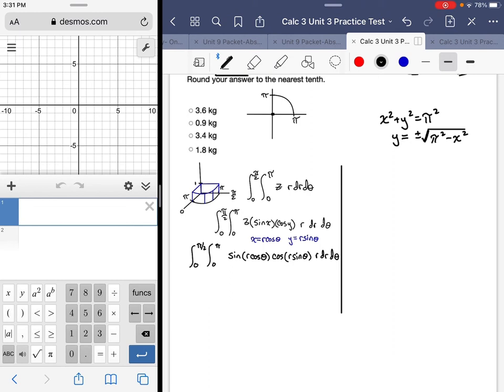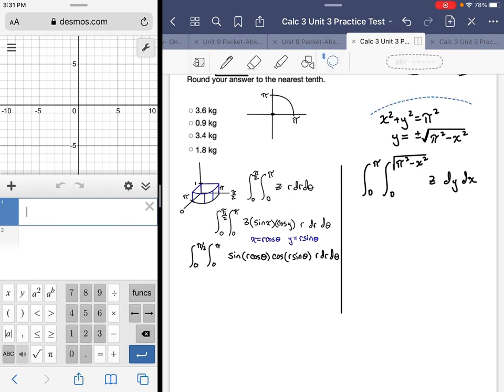I would only be going from 0 to that. So I could say the double integral in terms of x, I'm only going out as far as pi, because it's still the same distance in terms of x. In terms of y, I'd be going from 0 to the square root of pi squared minus x squared, and then we'd have z dy dx.